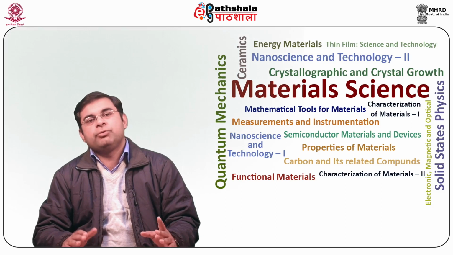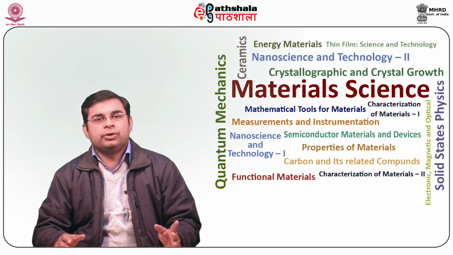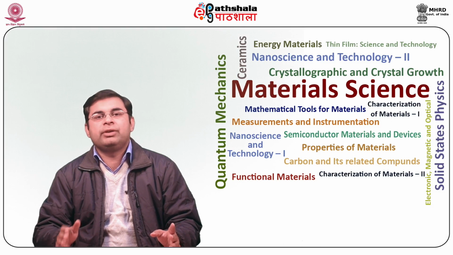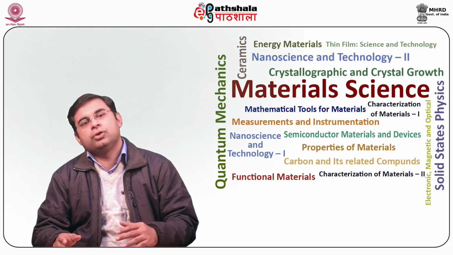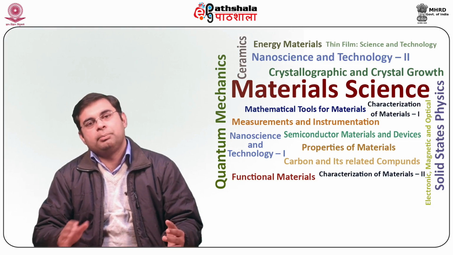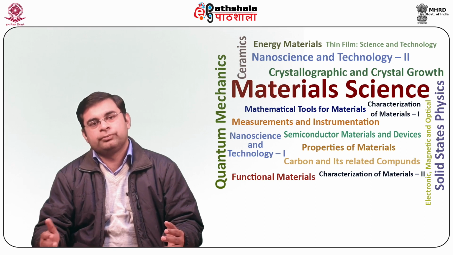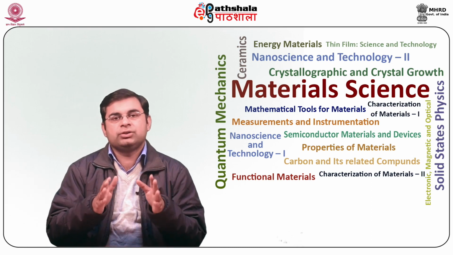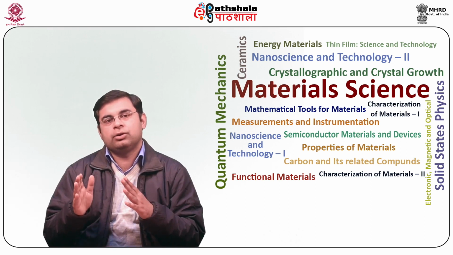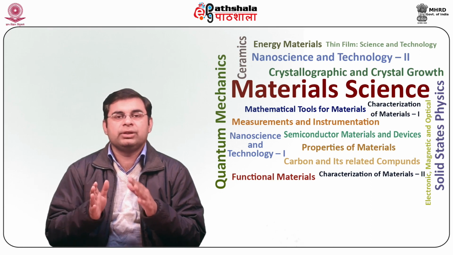Basic assumptions of the Drude model. First, in the absence of an external field, electrons move in a straight line between successive collisions. The effects of interaction of electrons with other electrons as well as ions are neglected.